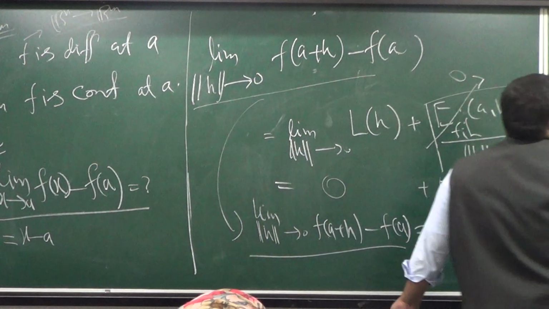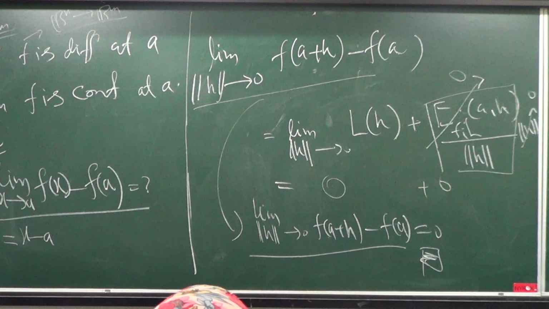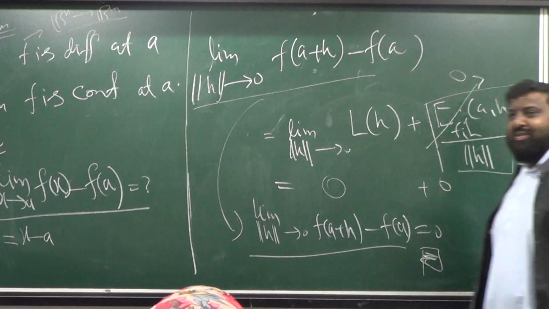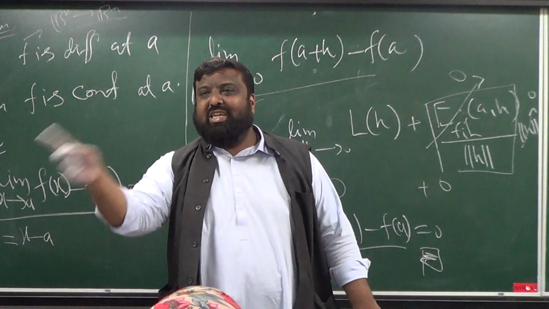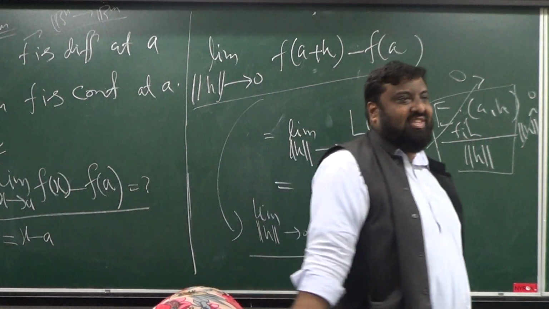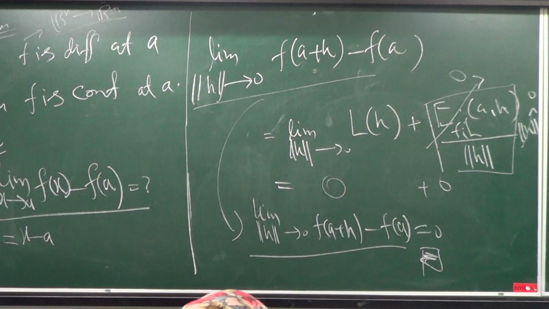In one dimension, we had a lot of things like the derivatives of trigonometric functions, exponential functions, and other functions. Can we do this in higher dimension? 100% we can do it. Every rule that works there works here as well.